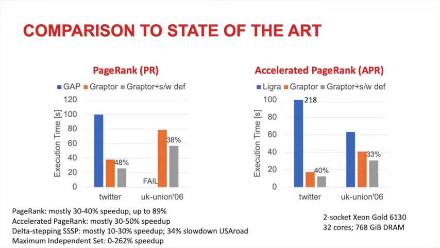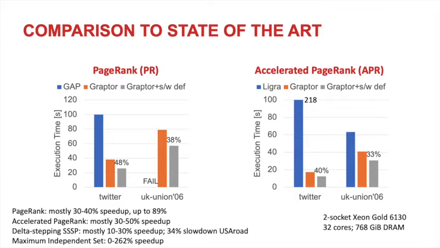And we've improved the execution time by a further 48% by using compact vertex properties. In the case of the UK union graph, the GAP code fails its own self-checks of correctness, because the numerical accuracy in the GAP code is not sufficient to operate correctly on very large graphs like the UK union graph. That's why it comes out as a fail.